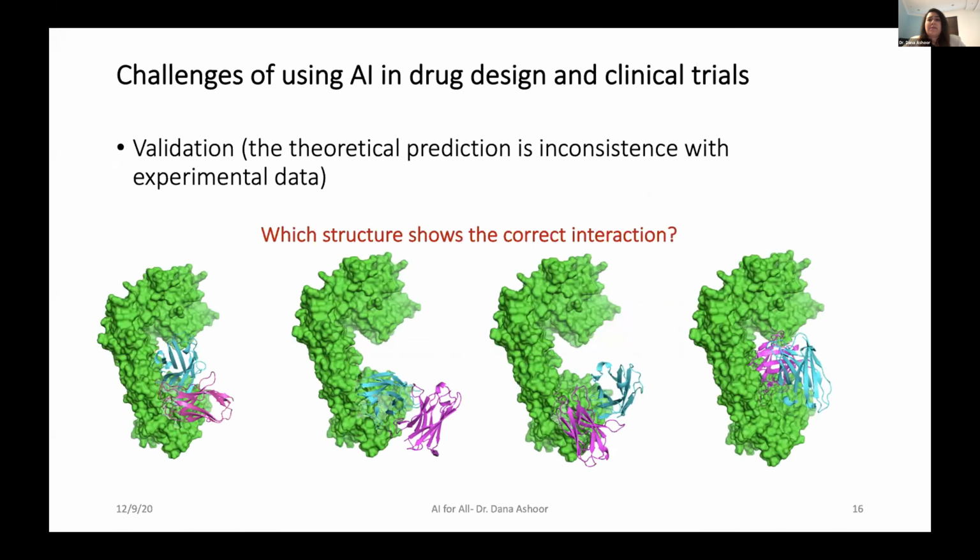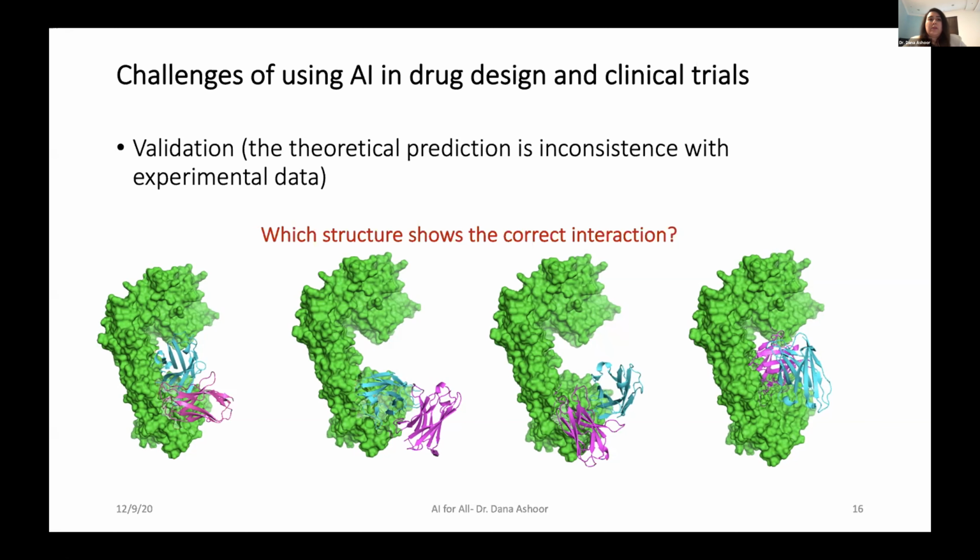Another challenge is validation, because it's easy to use a program or machine learning or a supercomputer. We can enter our data and expect a simulation or a result from this computer or program.